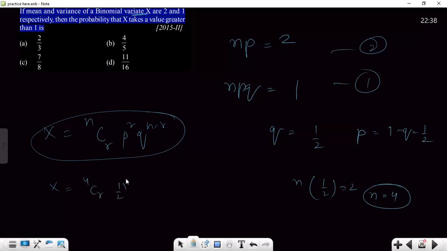So 4Cr, half raised to power r, q is also half, raised to power n minus r, that is 4 minus r. Plus r, 4Cr, half raised to power 4. That's the value of X.